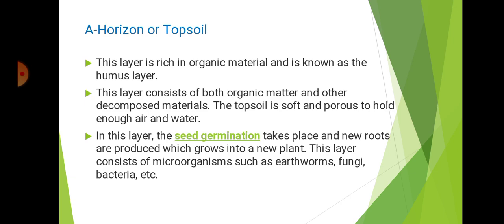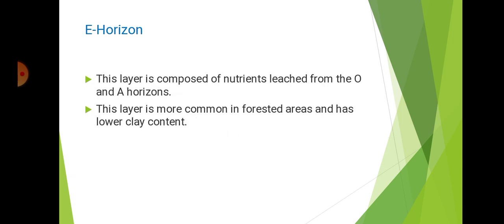In this layer, seed germination takes place and new roots are produced which grow into a new plant. This layer consists of microorganisms such as earthworms, fungi, bacteria, etc.